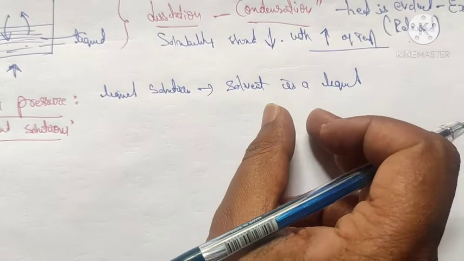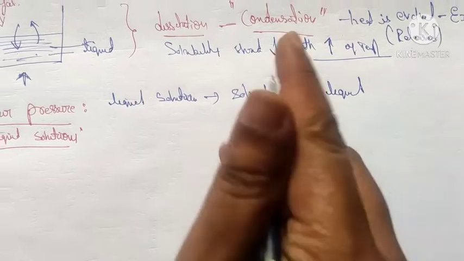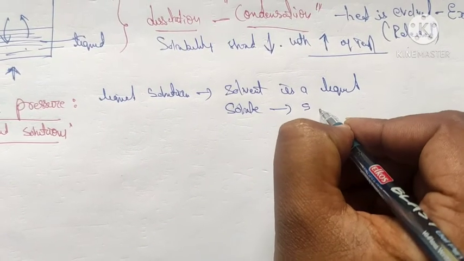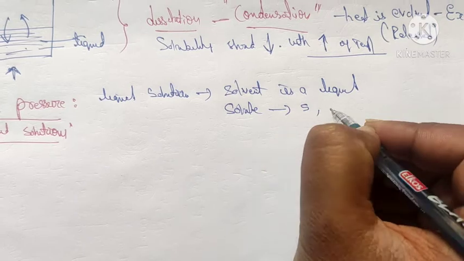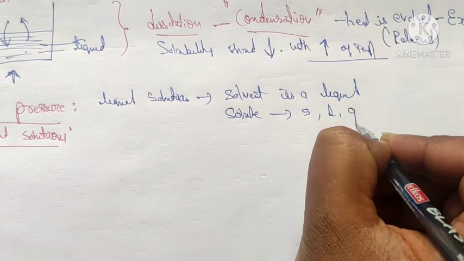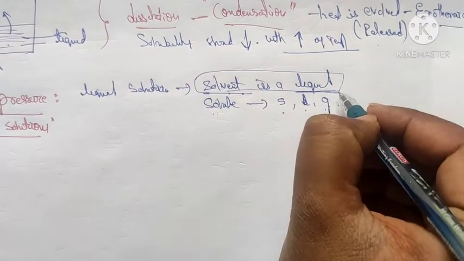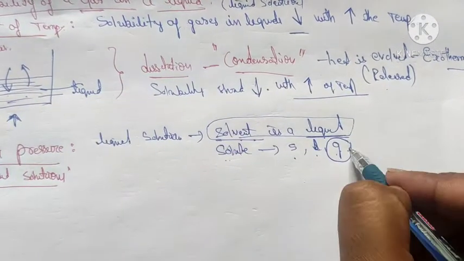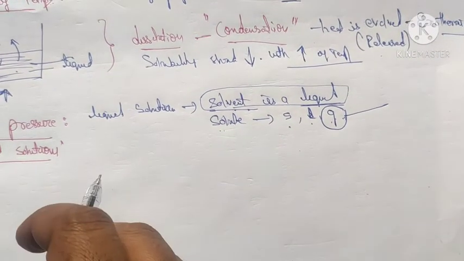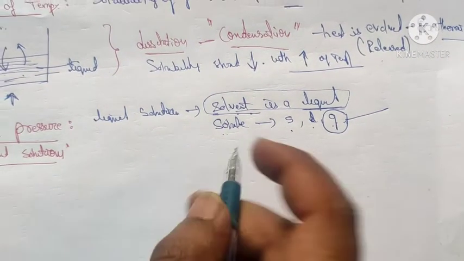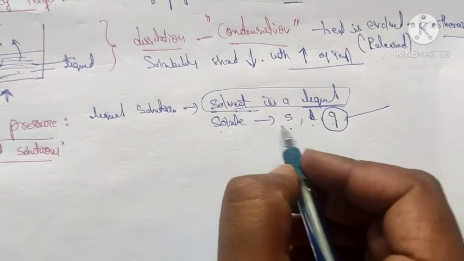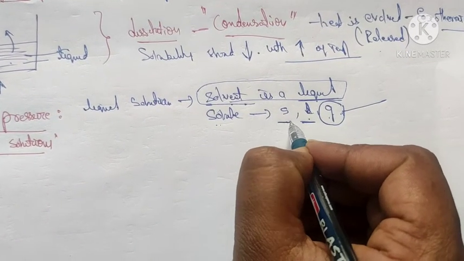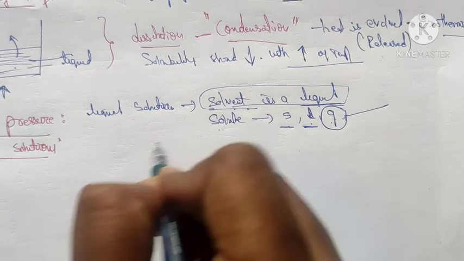What about the solute? The solute can be a solid, liquid or gaseous substance. We already discussed gas in a liquid, so we shall discuss solutions of liquids and solids in a liquid in this section.